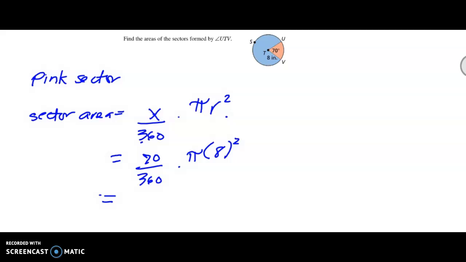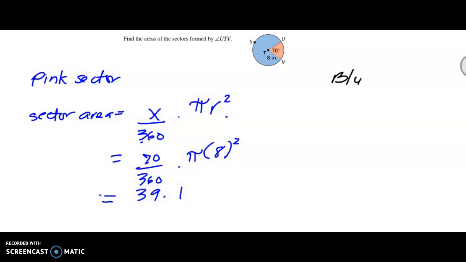I am now multiplying 70, which is the central angle, times pi, which is 3.14, times 8 squared, which is 64, and then I divide the total by 360. So this one is approximately 39.1 if I round off to the nearest tenth.